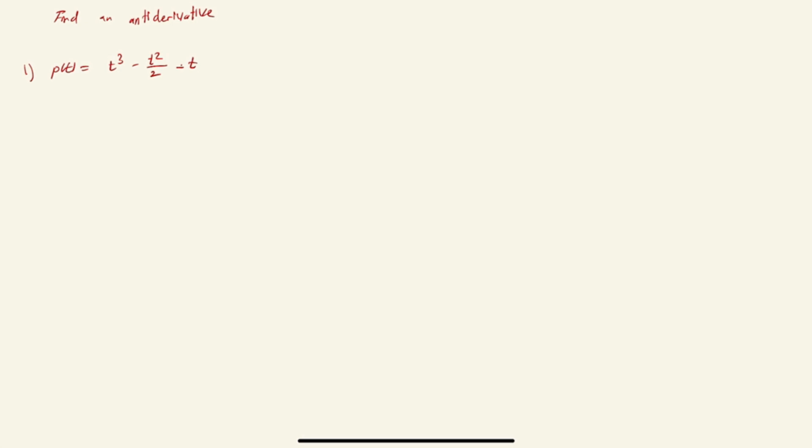So for part 1, we have p of t equal to t cubed minus t squared over 2 minus t. Here, we're going to integrate p of t. That's going to be equal to the integral of t cubed minus t squared over 2 minus t dt. Now, we're going to use the integral of a sum.